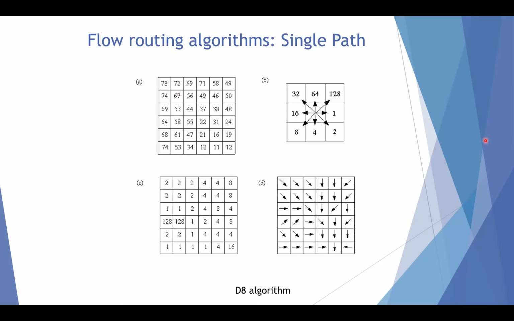But then in the system, it is not possible for us to indicate it by arrow. Rather, you know that computers will actually recognize everything as numbers. So for each direction, basically we try to assign numbers. For example, this may be different for different software. I am not saying that this is the universal standard. Sometimes they start one from the north and they progress. Sometimes they start one from the right, that is east. So starting from east, this is 2 power 0, 2 power 1, 2 power 2, 2 power 3, etc., 2 power 7.